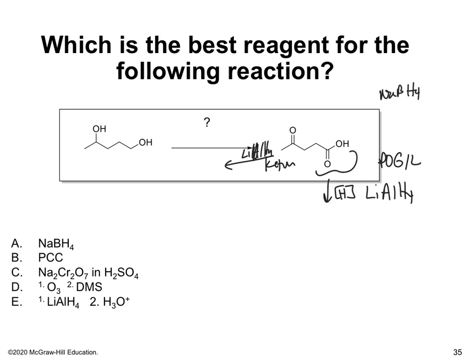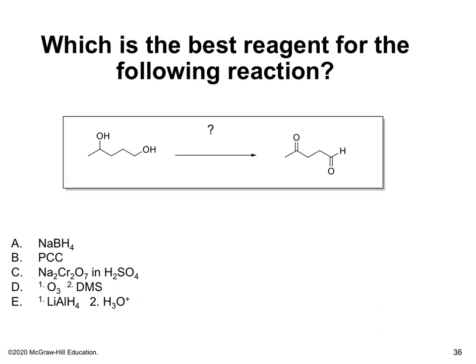So lithium aluminum hydride will reduce a ketone to a secondary alcohol and a carboxylic acid to the primary alcohol. So you would have to use lithium aluminum hydride because sodium borohydride would not reduce the carboxylic acid.